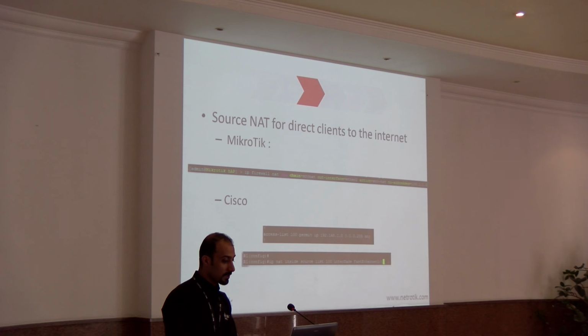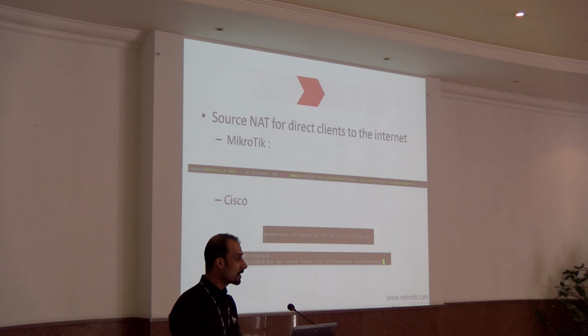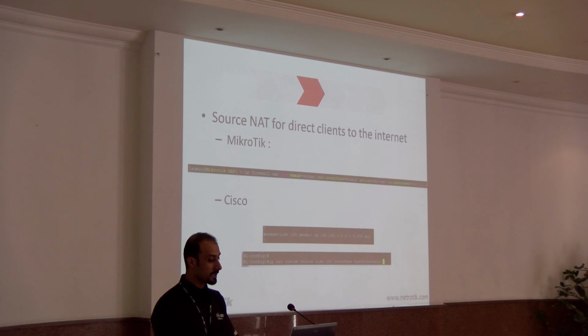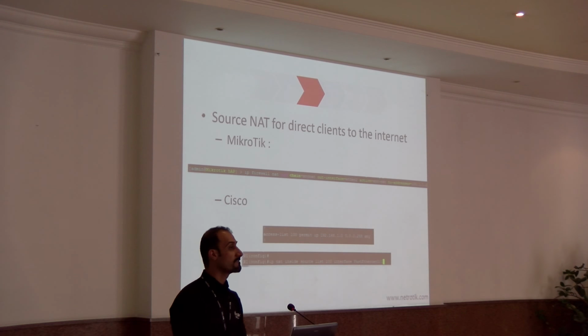Then to configure the source NAT, you need to set the IP NAT inside source list. You tell it the access list that you created before, and then you choose the WAN interface.